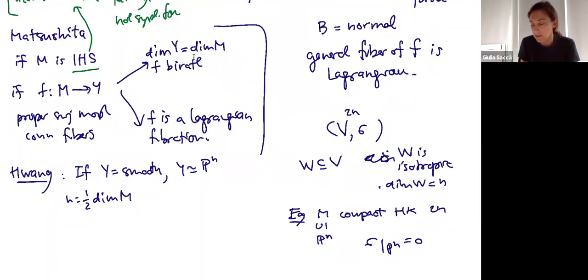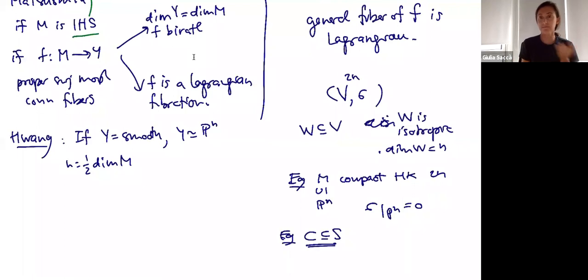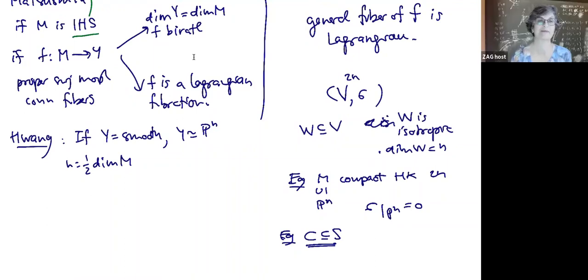And so what this means is that the tangent space at every point is a Lagrangian subspace. Does that answer your question? The trivial example is a curve inside a K3, again because curves have no holomorphic two forms. Okay, good, awesome, thanks.